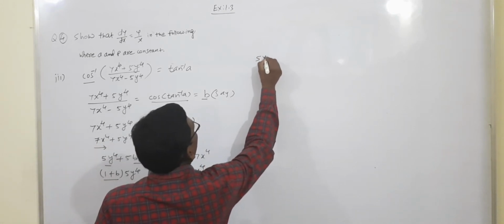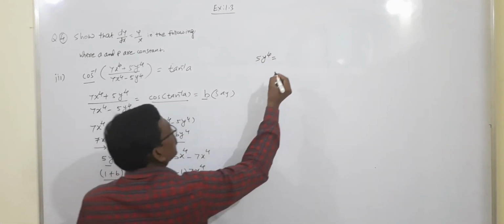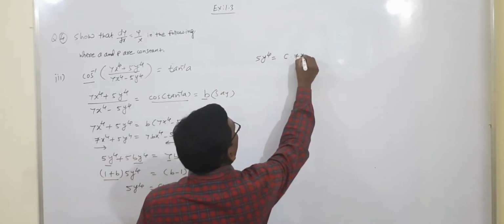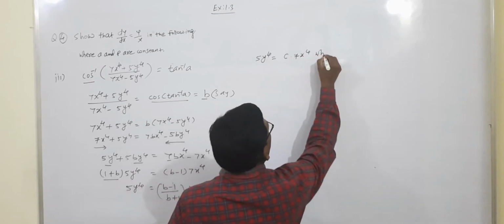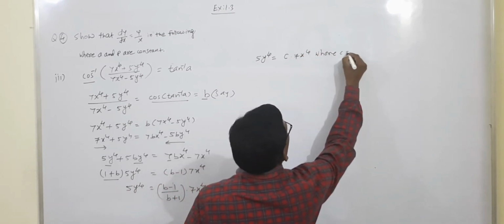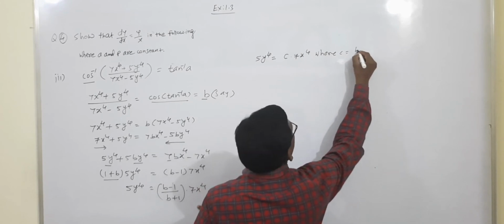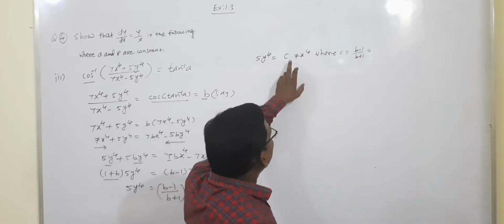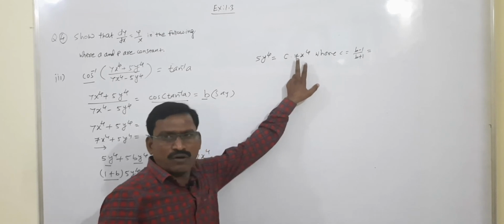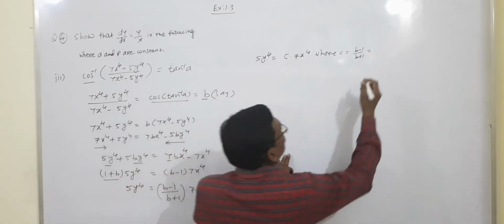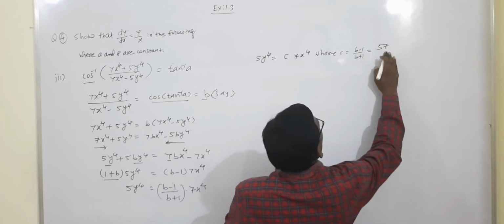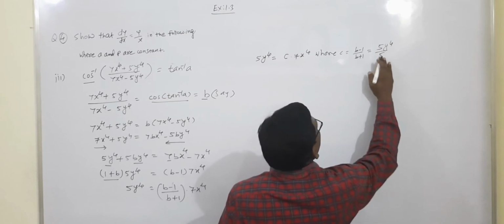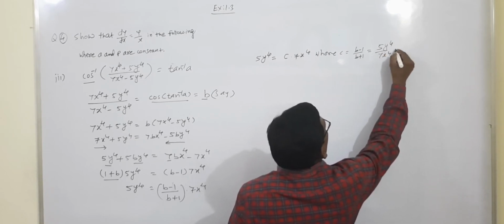So 5y^4 is equal to a constant c into 7x^4, where c is equal to (b - 1)/(b + 1), or also it is equal to 5y^4 divided by 7x^4. Call this equation number 1.